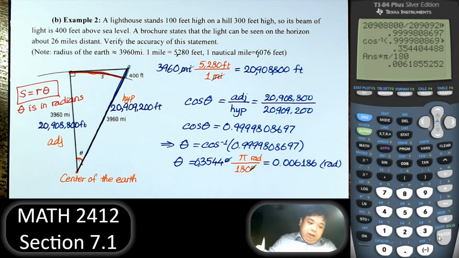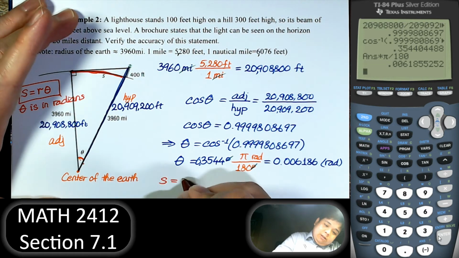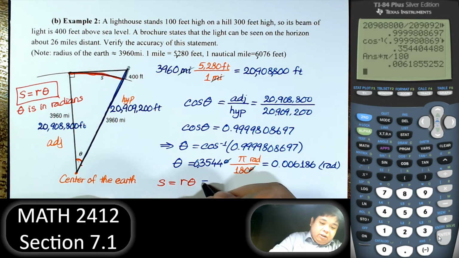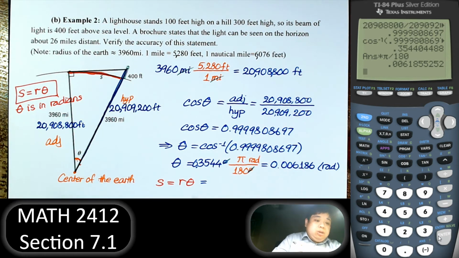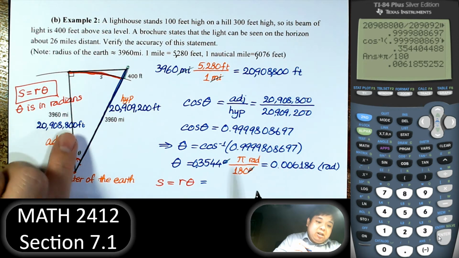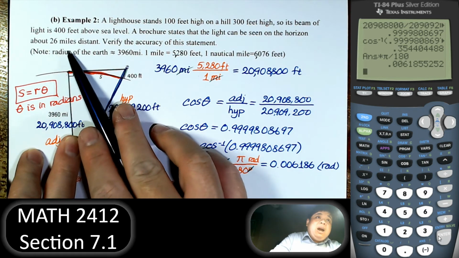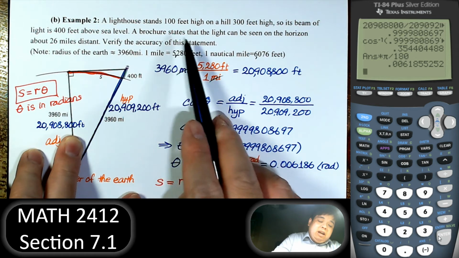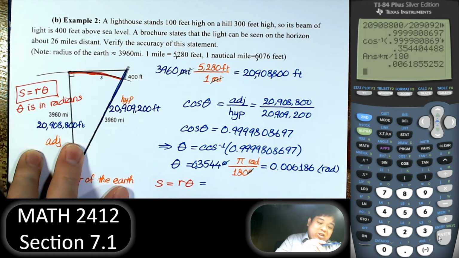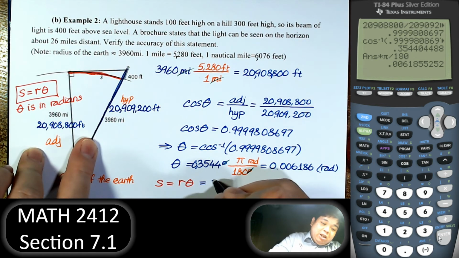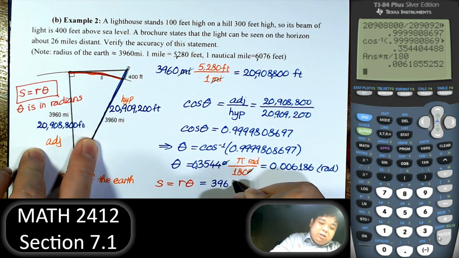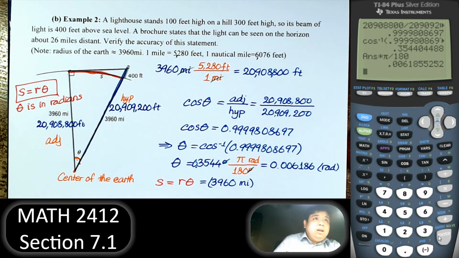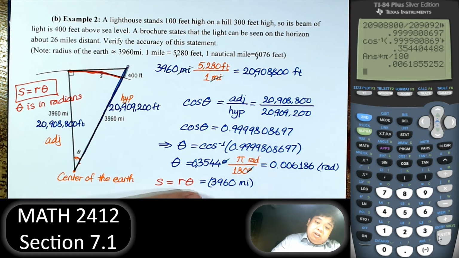And finally, the arc length. We know the radius of the Earth. Now let's use miles, because we're going to compare with the number that is claimed in the advertisement, 26 miles. So we actually use the 3,960 miles for the radius of the Earth times that.